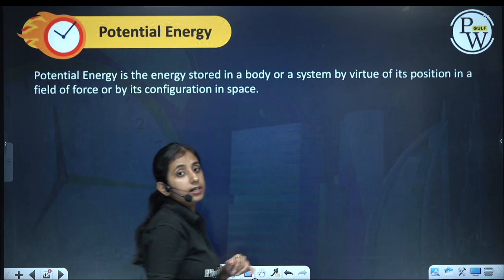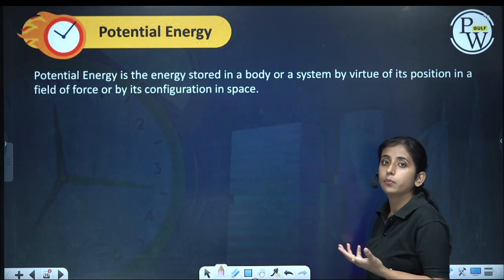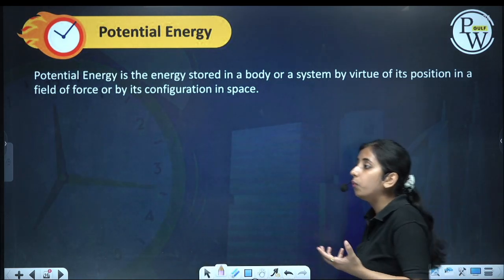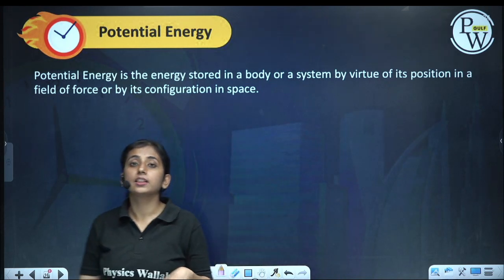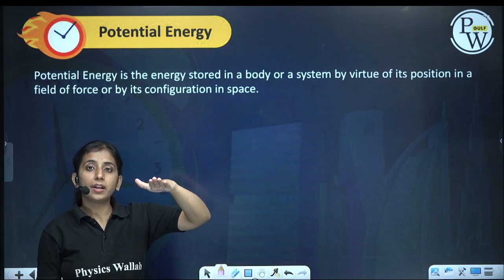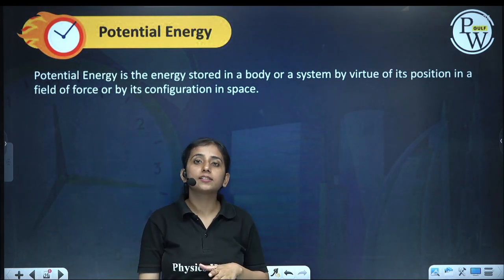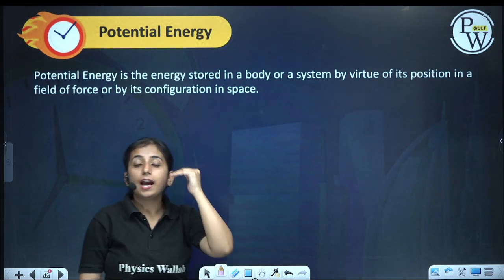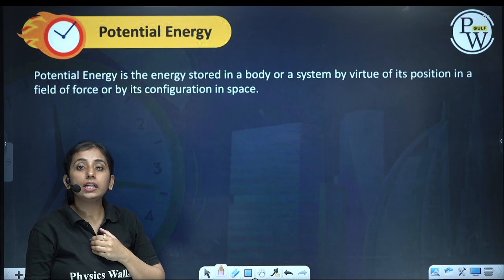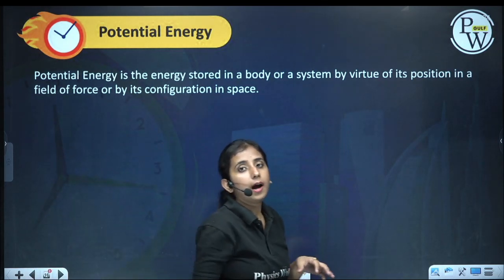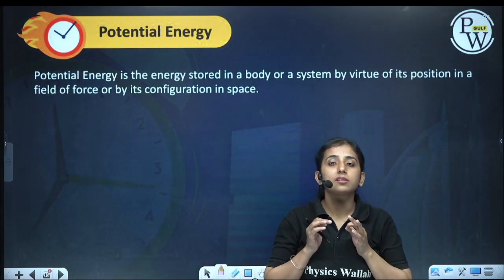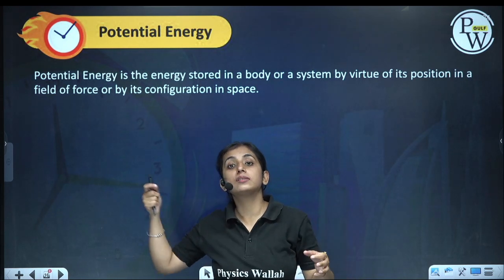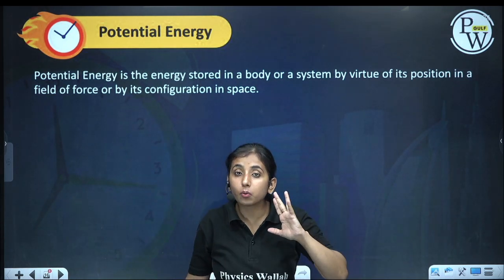Now let us see potential energy. What is potential energy? Whenever we are placed in space, whether we are standing on the floor or on some height, we have different positions or orientations in space. You have a bow which is unstretched, then you have a bow whose string is stretched. These are two different orientations.